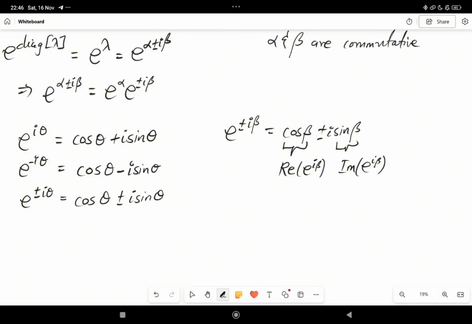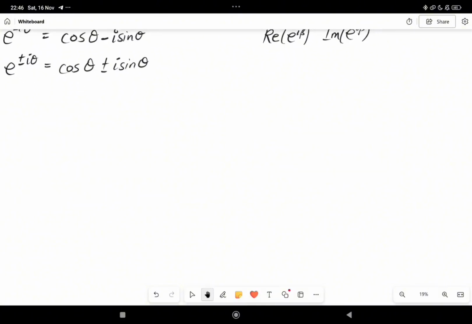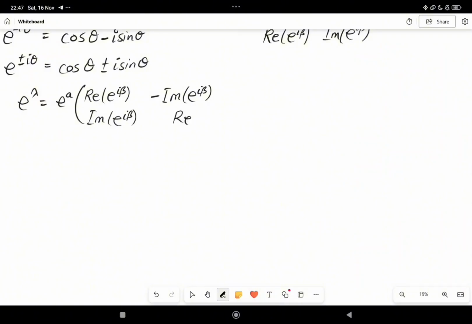For our given solution, we will have E to the power lambda to be equal to E to the power A multiplied by the real part of E to the power I beta, minus the imaginary part of E to the power I beta. Then we have the imaginary part of E to the power I beta, the real part of E to the power I beta.